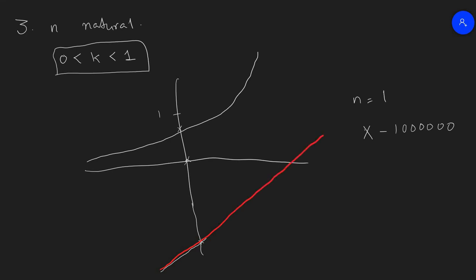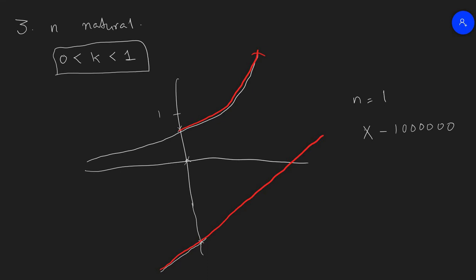And we know that the exponential function reaches infinity very fast, and x has slope 1, and doesn't reach infinity as quickly as the exponential function, which means it will never meet.